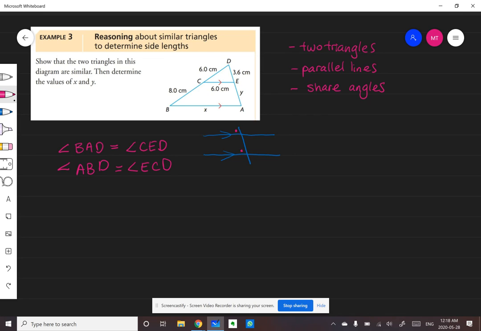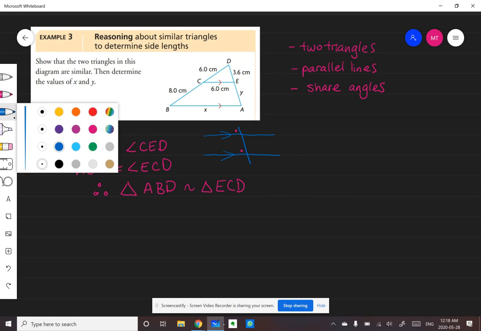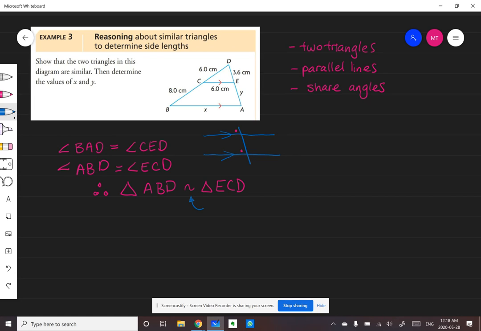And by describing that these two angles are the same, I can make a conclusion that the triangle ABD is actually similar to ECD, the smaller one at the top. So a reminder from the first video that this little squiggle kind of looks like a sideways S. There's no real proper way to write it. Basically means similar to, okay?